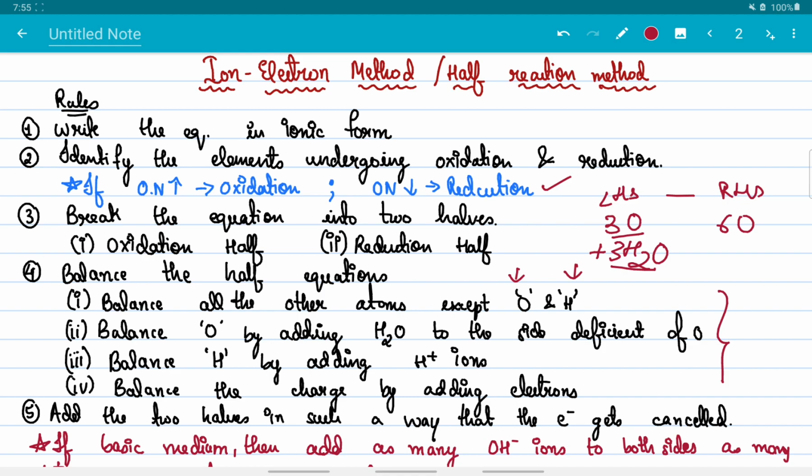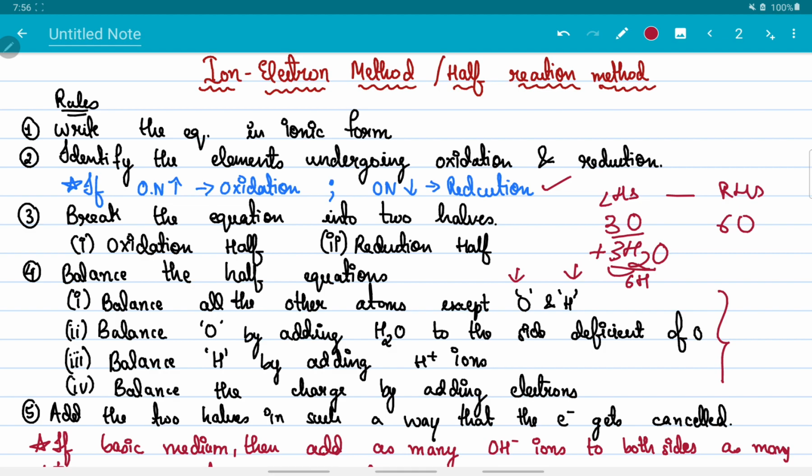Now the next step is to balance the hydrogen. If you want to balance the hydrogen, you will be adding H+ ions to that side which is deficient of hydrogen, similar to that of oxygen. If you see over the LHS over here, it has got 6 hydrogen, 3 2s are 6 hydrogen.